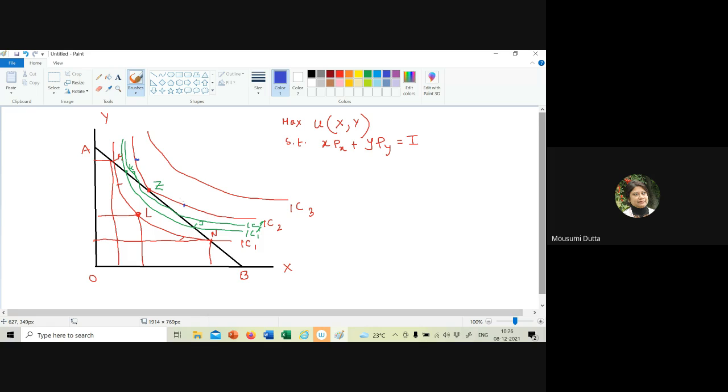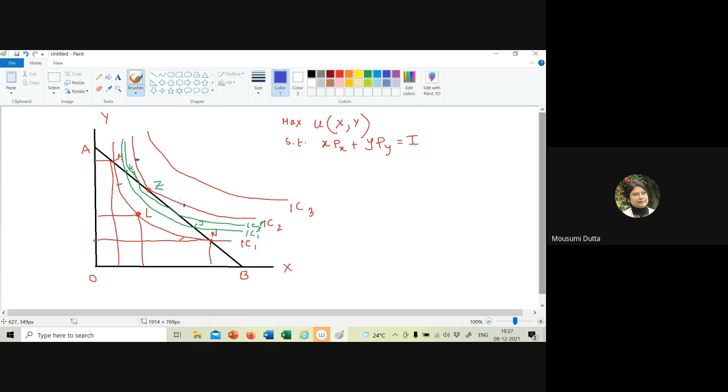All the blue points are beyond the budget line. Okay, Z is a reachable point for the consumer. So though the entire IC2 is giving a similar level of satisfaction to the consumer, given the budget constraint, the combination which the consumer will be able to afford is given by Z. Though all the points along IC2 are equally likely to the consumer, all the points are not feasible for consumption.